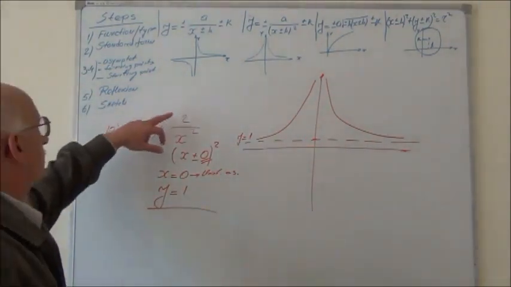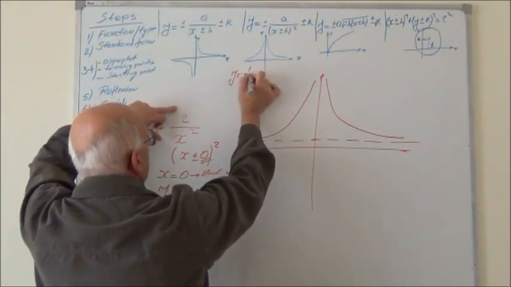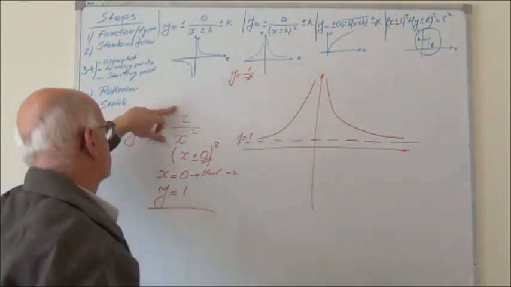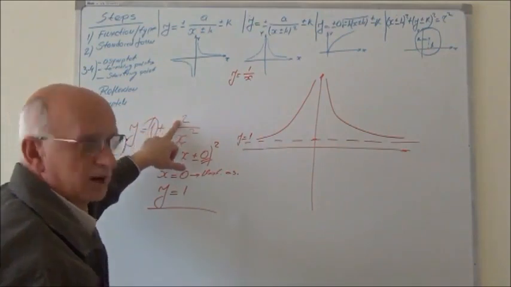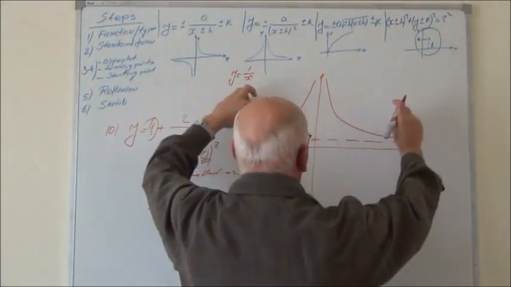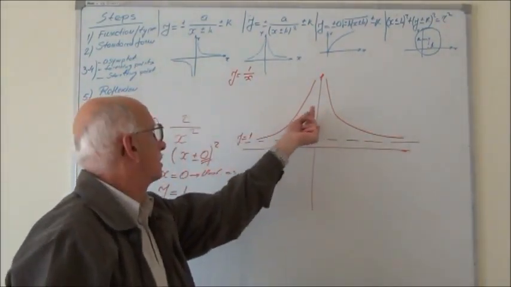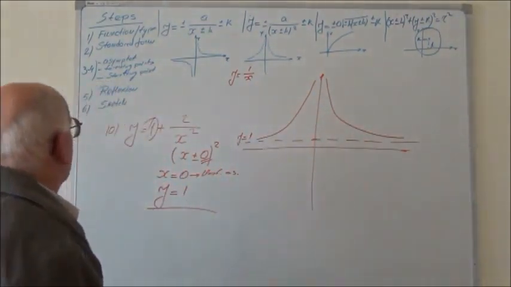Here, of course, because you know that this graph is y equal 1 on x, here we have 2. This is just the dilation factor, a little bit of stretching or pushing these two lines closer to the y-axis.